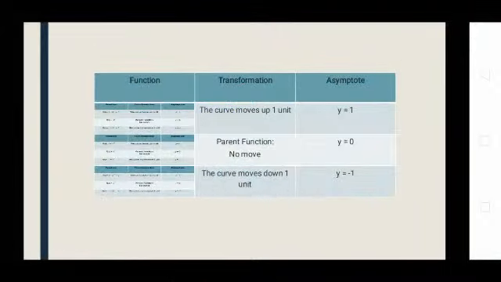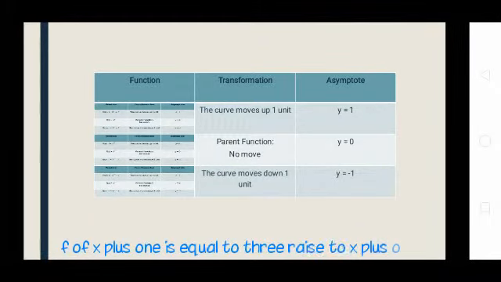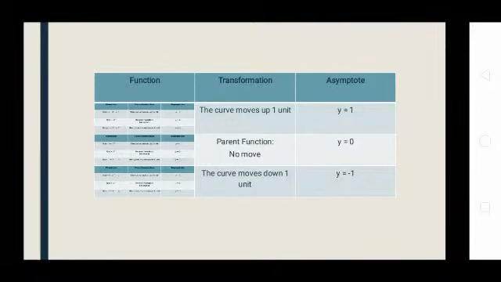Next, if you have a function f of x plus 1 is equal to 3 raised to x plus 1, the transformation will be the curve moves up 1 unit, and the asymptote is y is equal to 1.